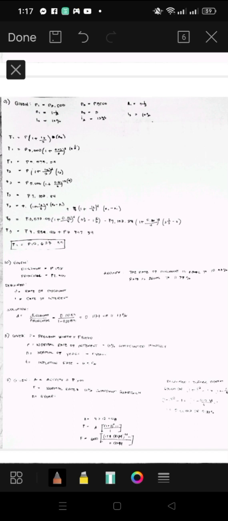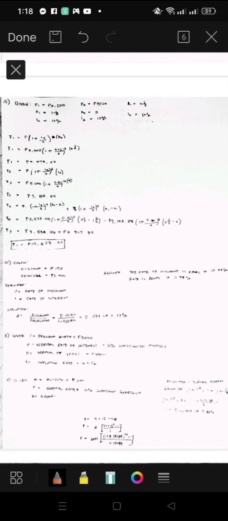So let's proceed to the solution. The given is known as P1, which is equal to 3,000.